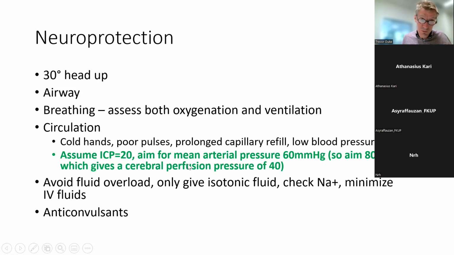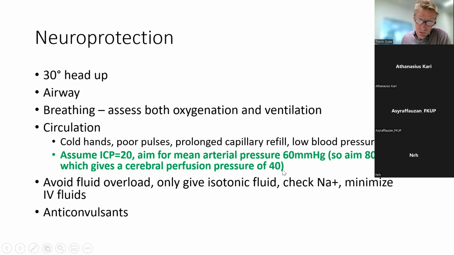The cerebral perfusion pressure is the blood pressure minus the intracranial pressure. We can assume that that should be about 60. And so that's the mean blood pressure, right? And so you need to then achieve a blood pressure in this child of about 80/40 to give a cerebral perfusion pressure of about 40, which is a safe cerebral perfusion pressure in a child who's got meningitis.